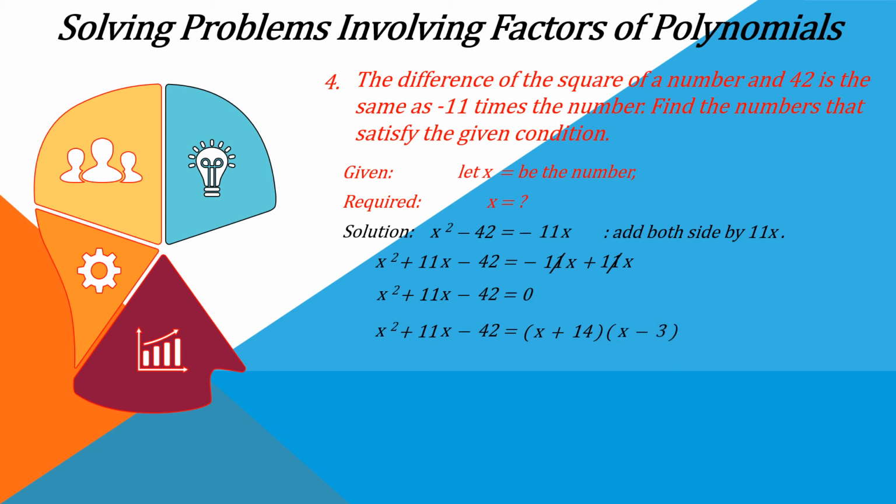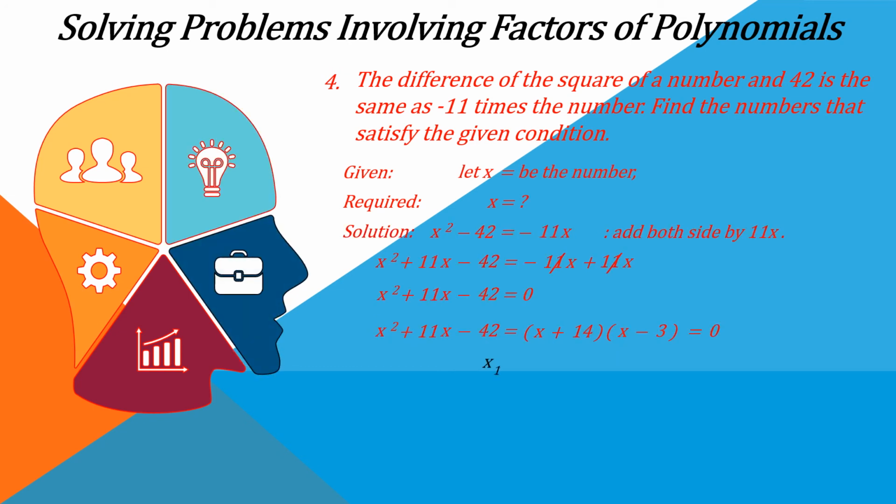How did we get this? Simply factor the first term x squared, and this is x multiplied by x, and then factor 42 into 3 and 14, and we will find if the sum of the factors of 42 gives 11x.